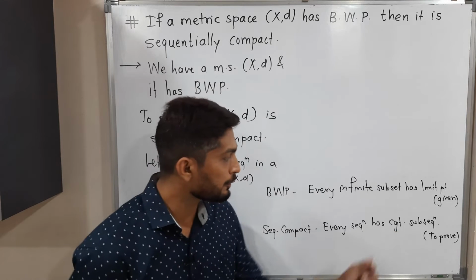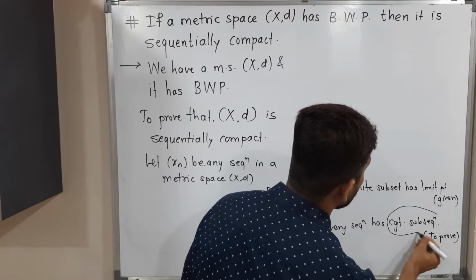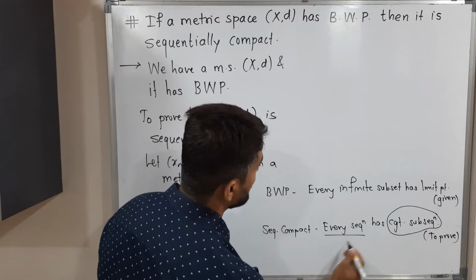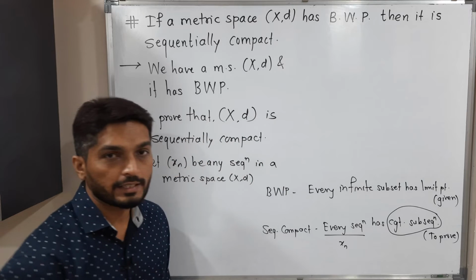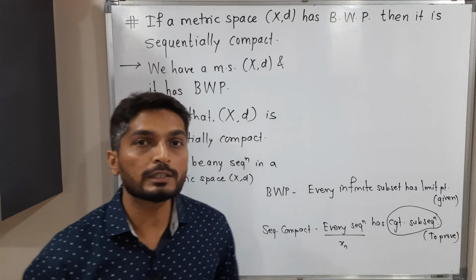And what we have to prove? We have to prove that it has a convergent subsequence. I have taken one representative of every sequence, Xn, and I have to prove that it has a convergent subsequence.